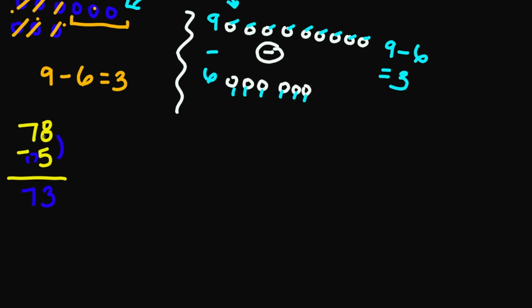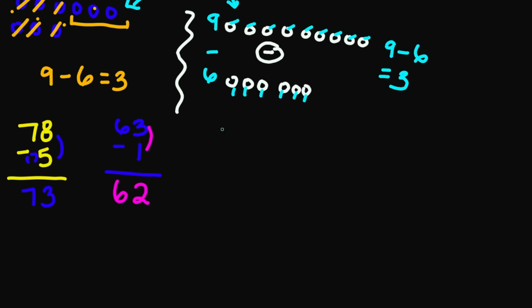Okay, 78 minus 5 is going to be 73. Let's say I have 63 minus 1. So first, we're going to do 3 minus 1, and that's going to be 2. And then 6 minus 0, that's going to be 6. So 63 minus 1 equals 62.